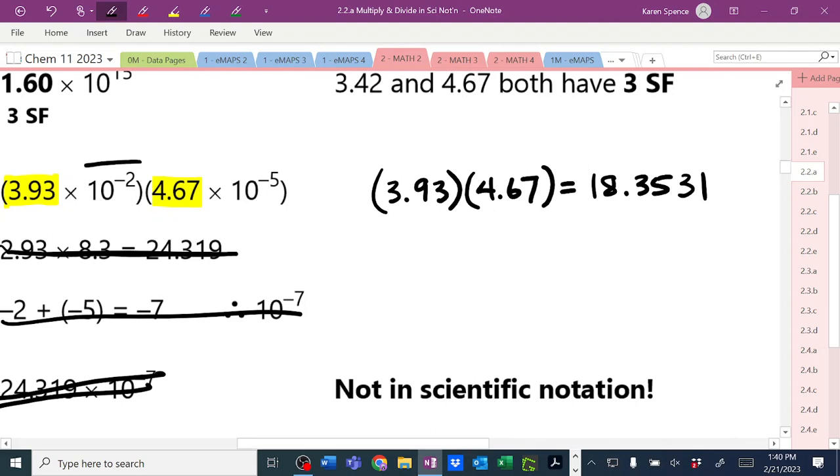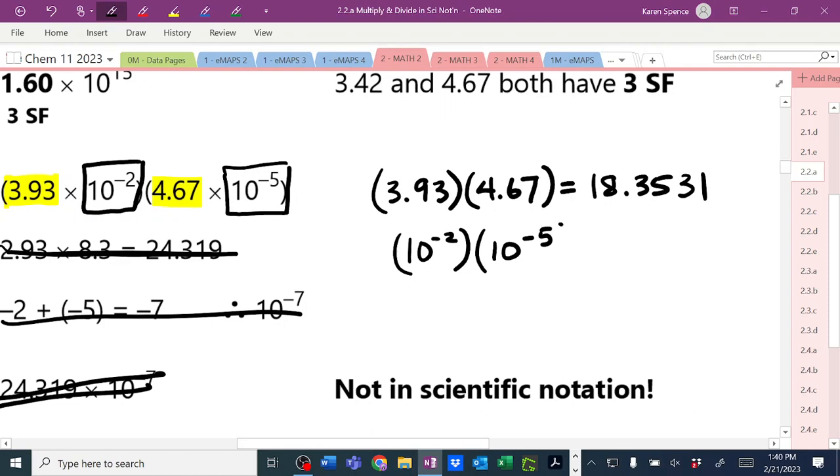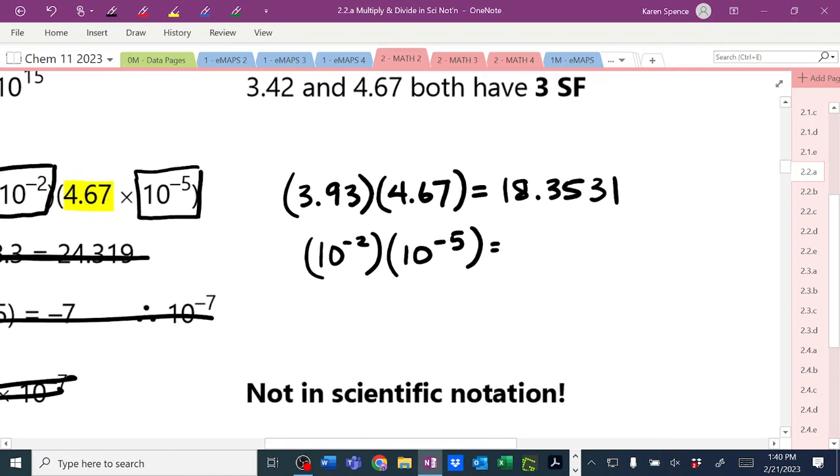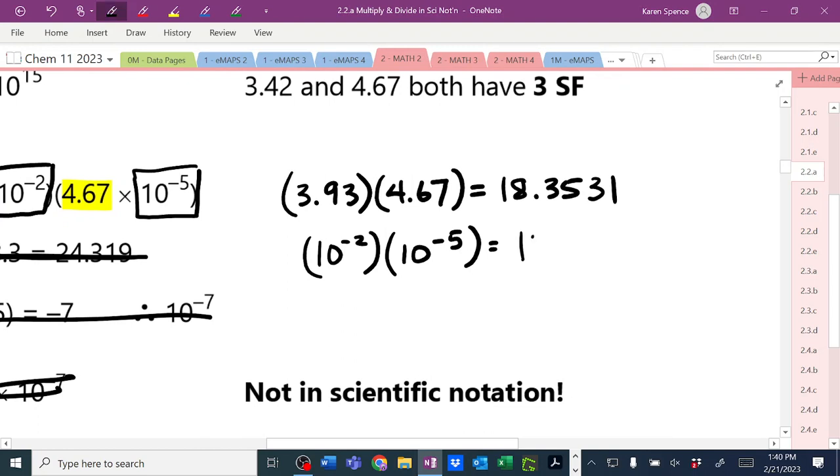We have our powers of 10 here. We have 10 to the negative 2 times 10 to the negative 5. That's going to be 10 to the negative 2 plus negative 5, which is 10 to the negative 7.